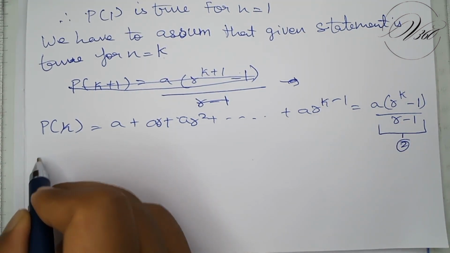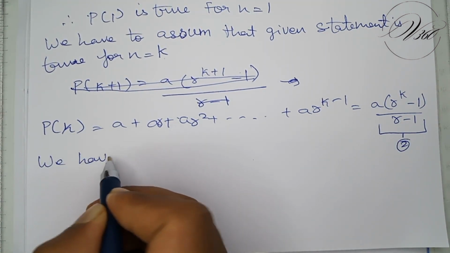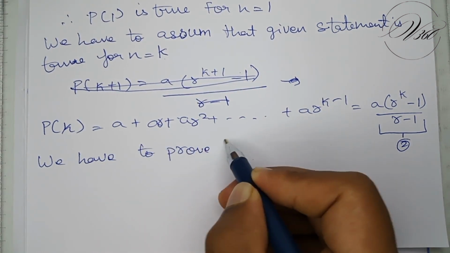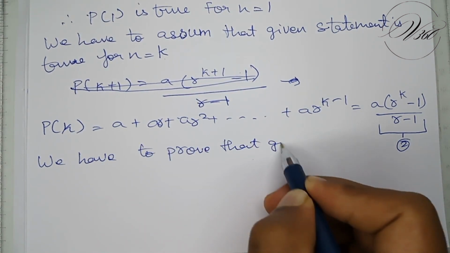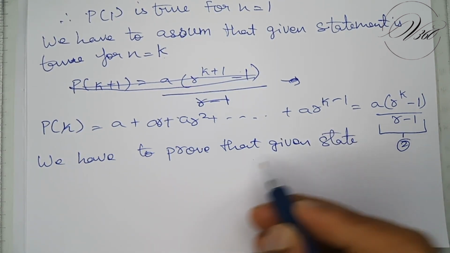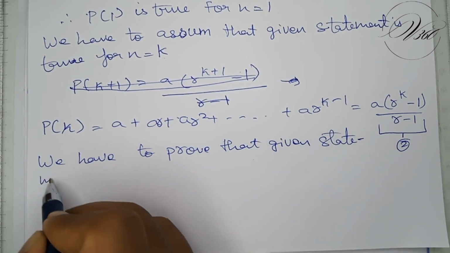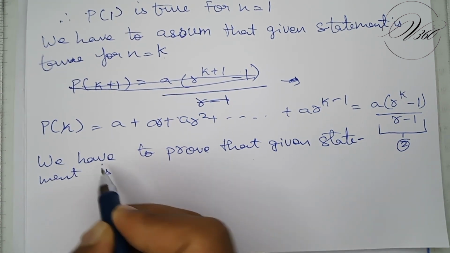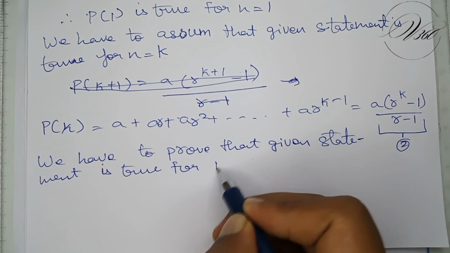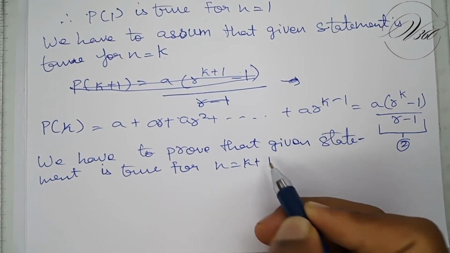Now we have to prove that the given statement is true for n is equal to k plus 1.